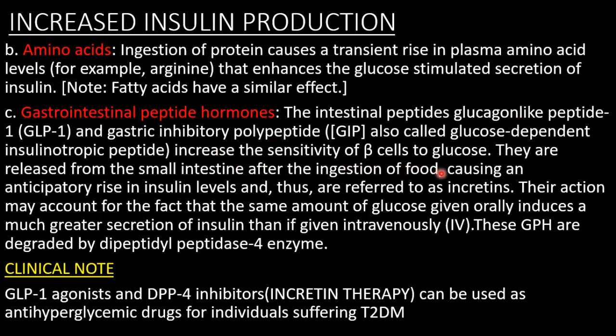So after ingesting food, the stomach and the small intestine will release these gastrointestinal peptide hormones, causing an anticipatory rise in insulin levels. And these gastrointestinal peptide hormones are also known as incretins.